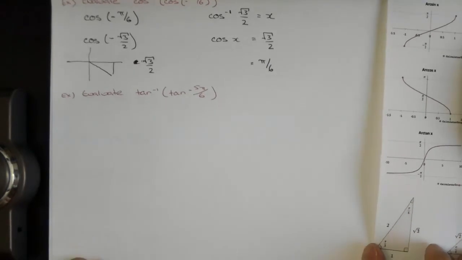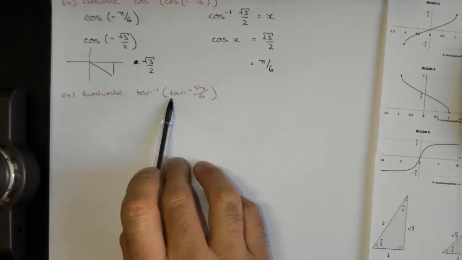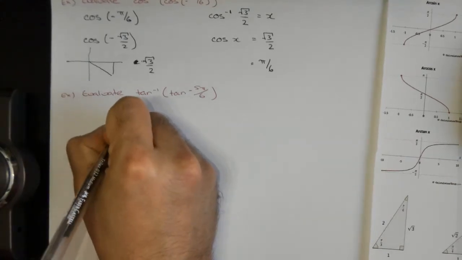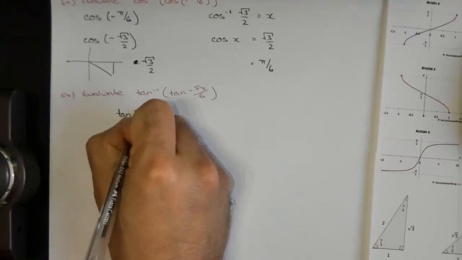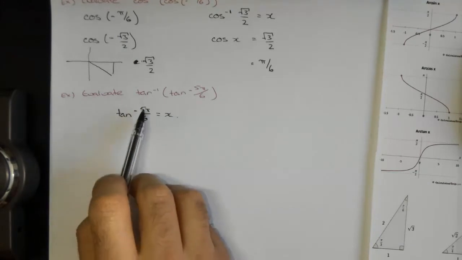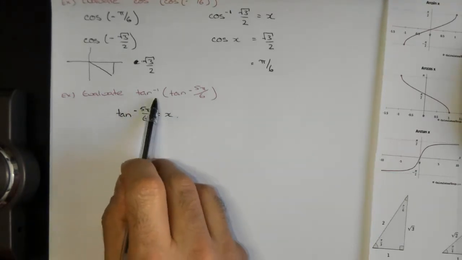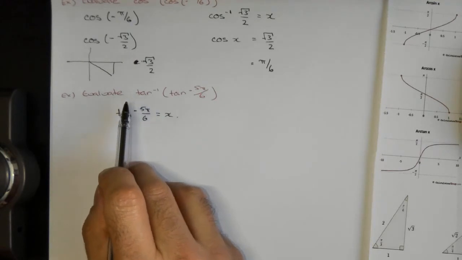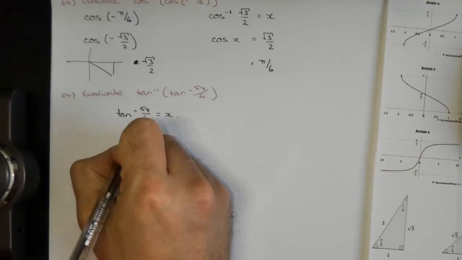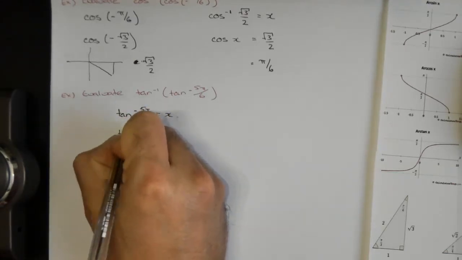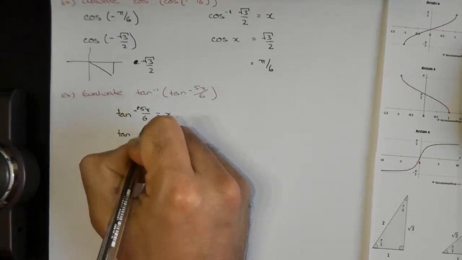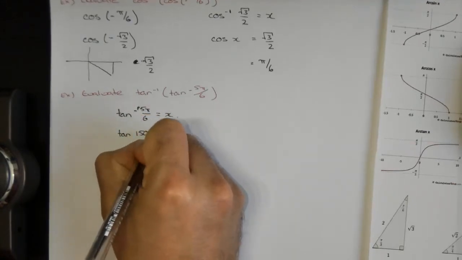All right. So next question, we've got inverse tan of tan of 5 pi over 6. So we'll do the middle part first, the inside the brackets. So 5 pi on 6 equals x. Now, it's better to work with degrees, so we know that this is the same as tan 150.